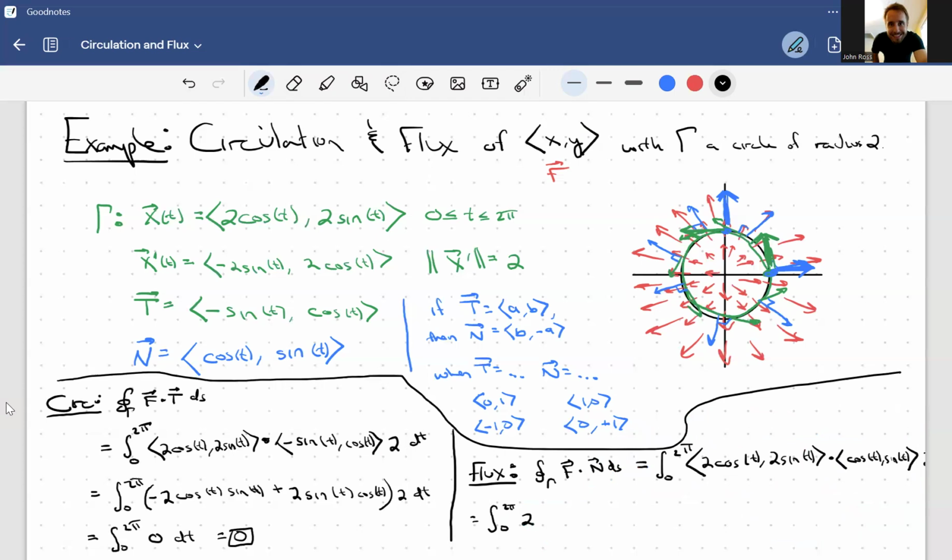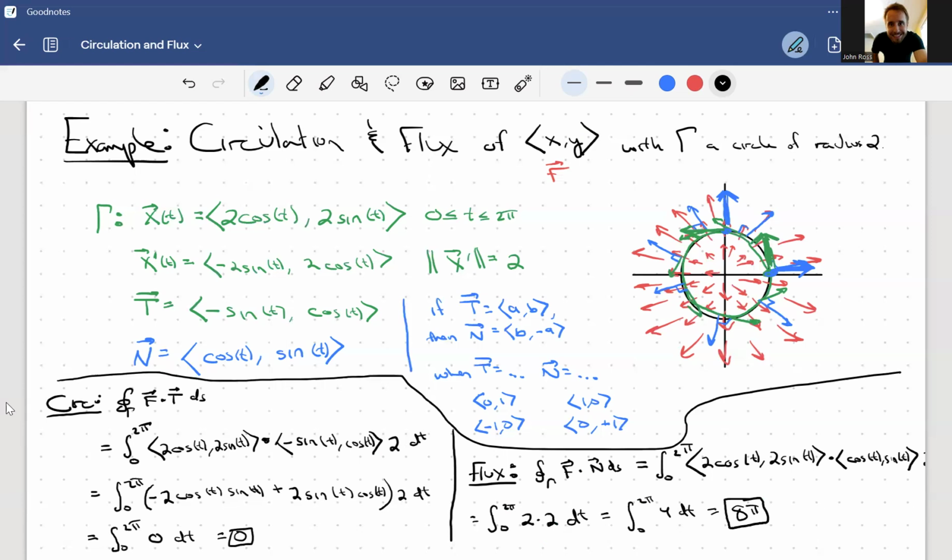So we'll just get a 2 that pops out. And then we're going to multiply by that final speed of 2. And so we're integrating just the quantity 4 from 0 to 2 pi. And so we're just going to get 8 pi as our answer. And we can conclude that the flux across this curve is equal to 8 pi.